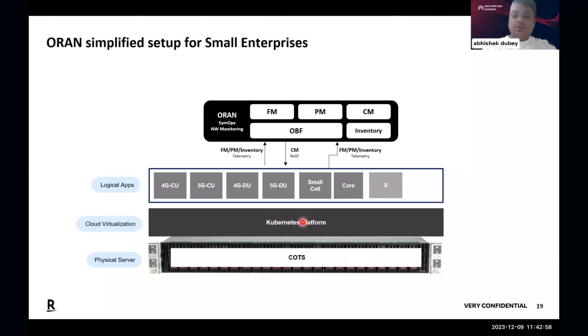We have the Kubernetes platform, cloud virtualization from Rakuten Cloud. Now we have hosted our logical apps: 4G CU, 5G CU, 4G DU, 5G DU, small cells, core, or other MEC applications, along with SIMOPS here.